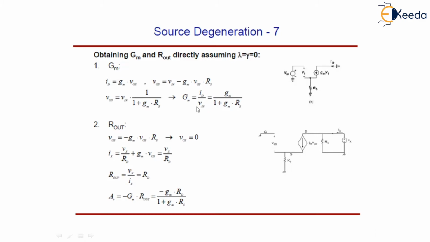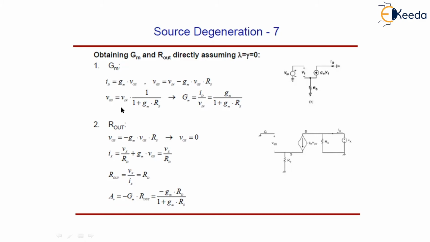Using this equation we can calculate VGS, which equals Vn upon 1 plus GmRs. Vn can be calculated from this equation as Vn equals VGS into 1 plus GmRs.